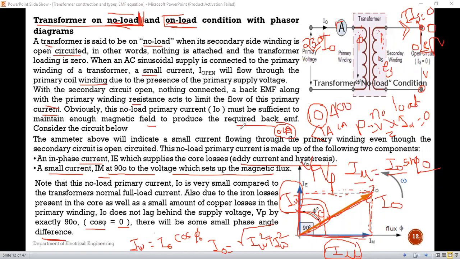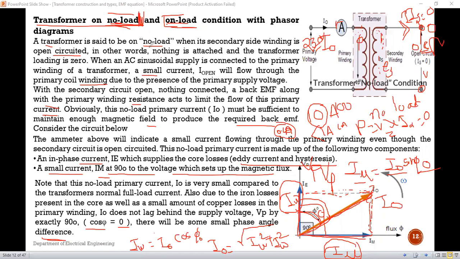Another point is that the permeability of the core will vary. There is a core in the transformer, and its permeability will vary with the change in the excitation current, or the instantaneous value of the current.